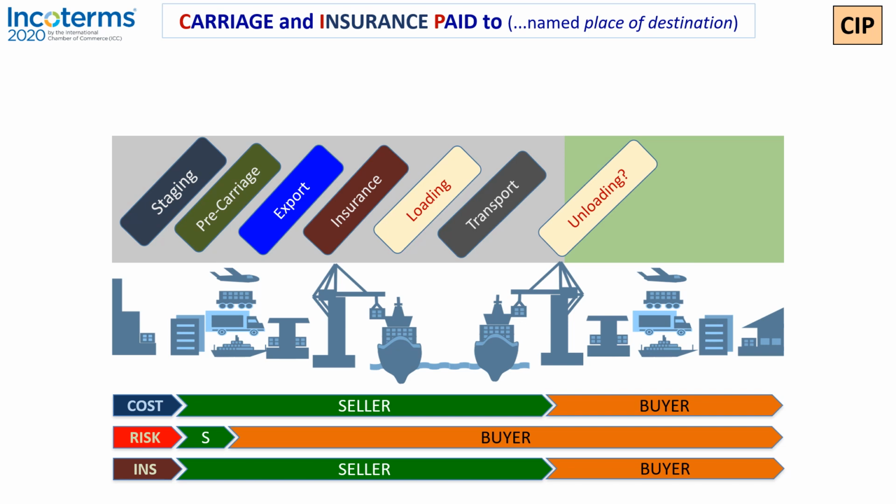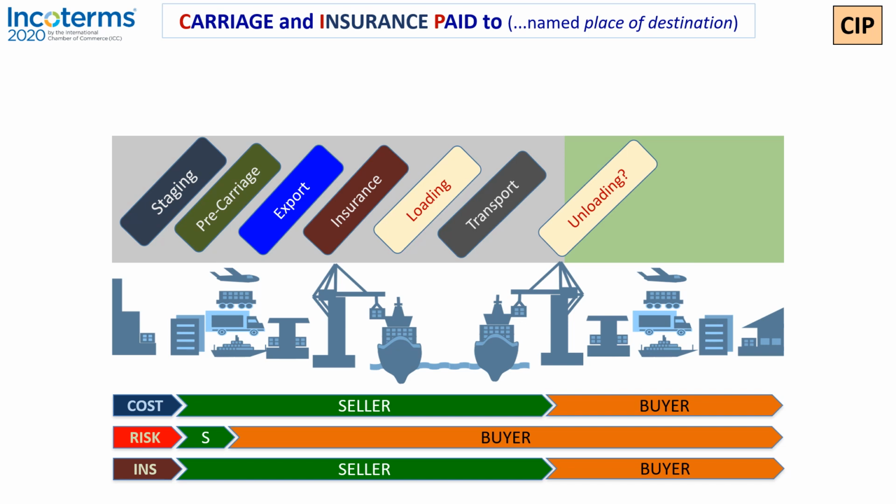Why is this so? There could be many reasons why the seller does the insurance, but we have to bear in mind that even if the seller is doing the insurance, the beneficiary of that insurance will be the buyer, because the risk is still with the buyer. The seller is not assuming the risk.